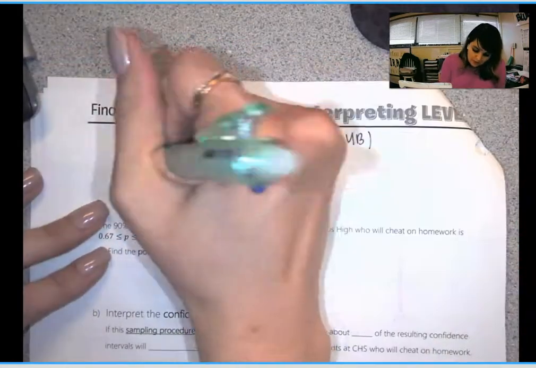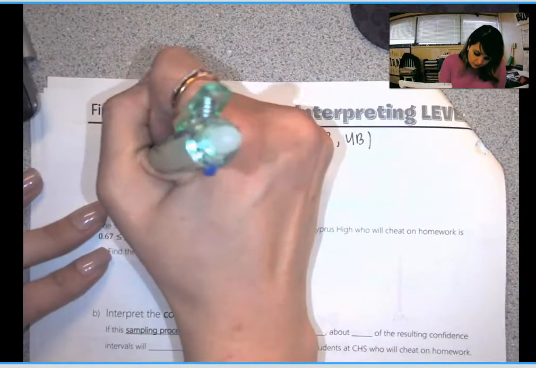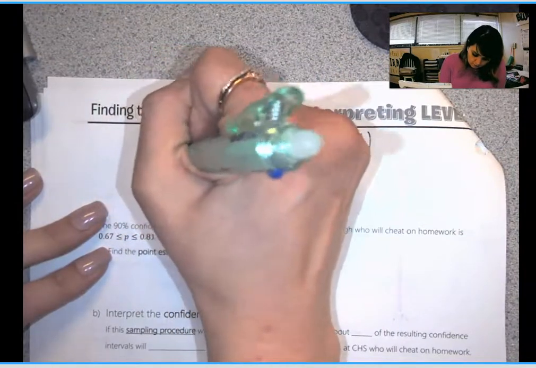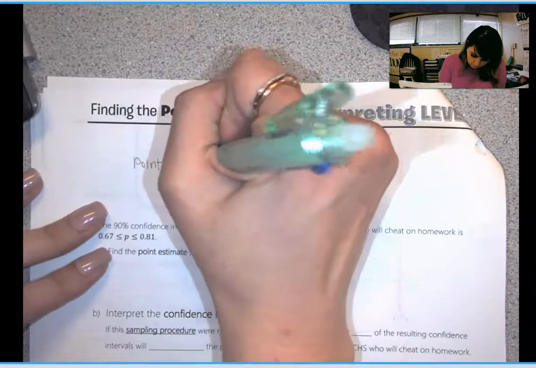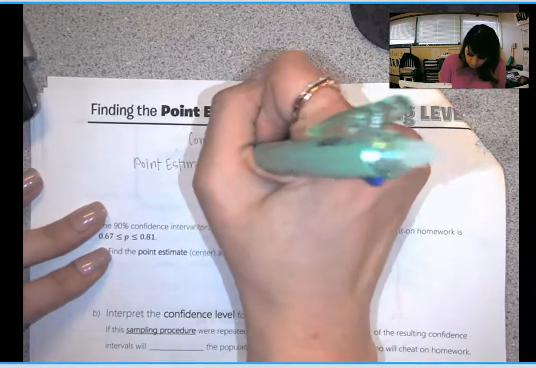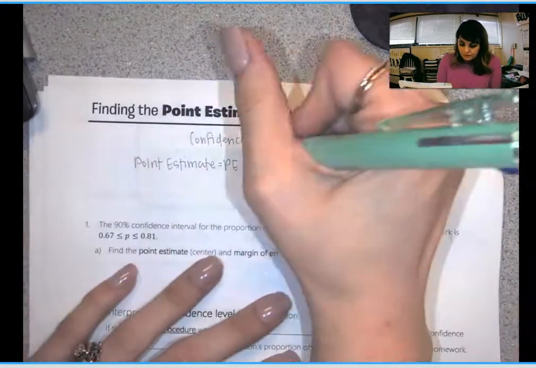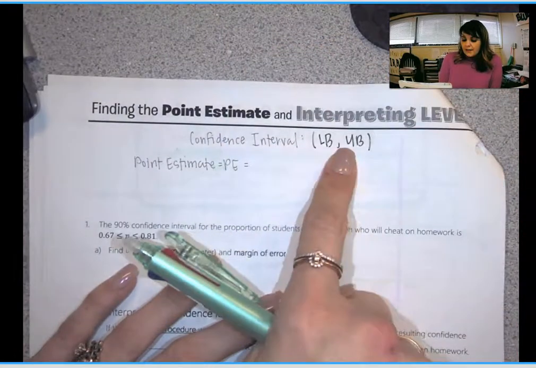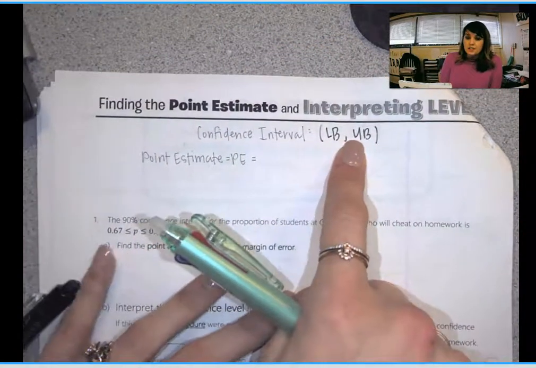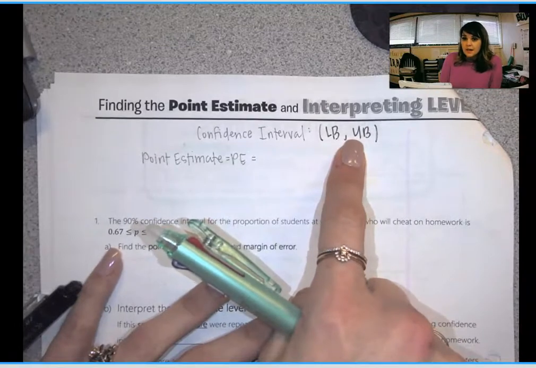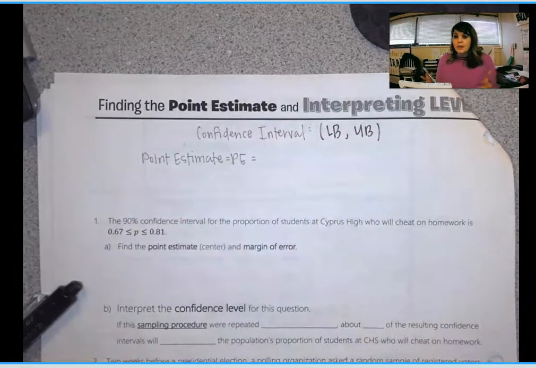If you want to find the point estimate, which can be abbreviated PE, you want to find the middle of this interval because that's what this interval is made from. It's made from your point estimate.